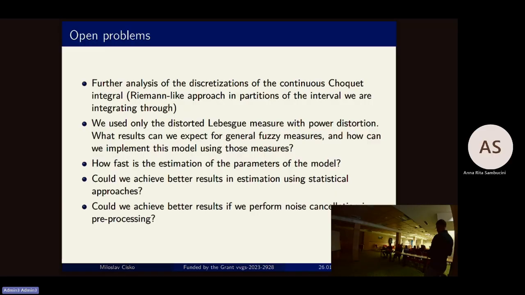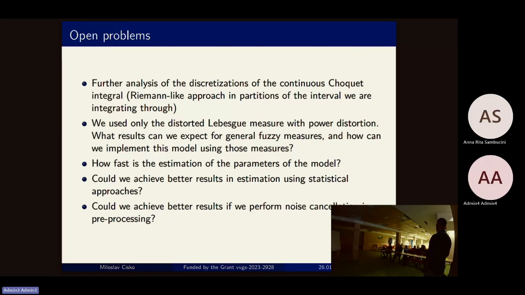We took all measurements and estimated those parameters for all measurements at once. Maybe we can take each measurement separately, calculate those parameters, and then look at the mean of all those values. So it could be better, maybe.